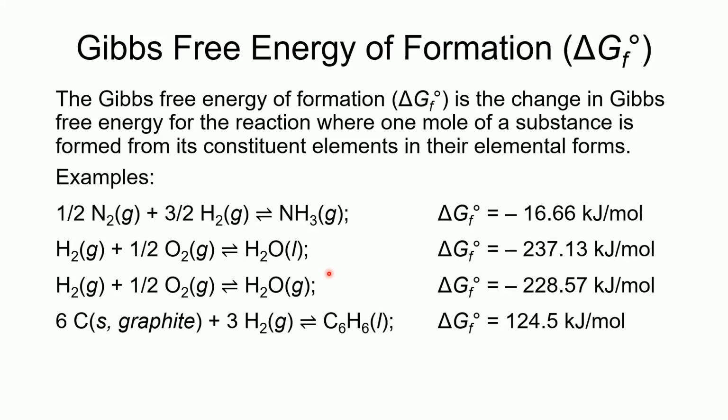On this one, I wanted to pick one that had a positive value for delta G of formation, just so you understood that it's possible to have a positive value for delta G of formation. If we took 6 moles of carbon graphite and 3 moles of hydrogen gas and created 1 mole of benzene, that reaction would have a delta G of formation of positive 124.5 kilojoules per mole.